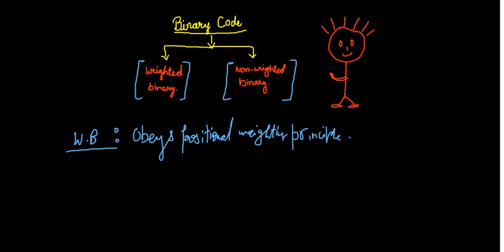So we have learned an important tool here. We have learned the binary, weighted binary, and non-weighted binary. So congratulations. And in the next one, we are going to see something exciting. After this boring stuff, it becomes my responsibility and duty to teach you something really exciting.